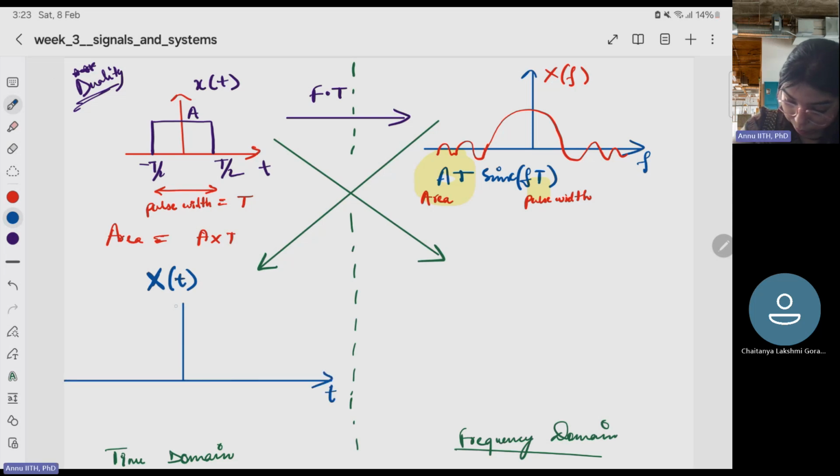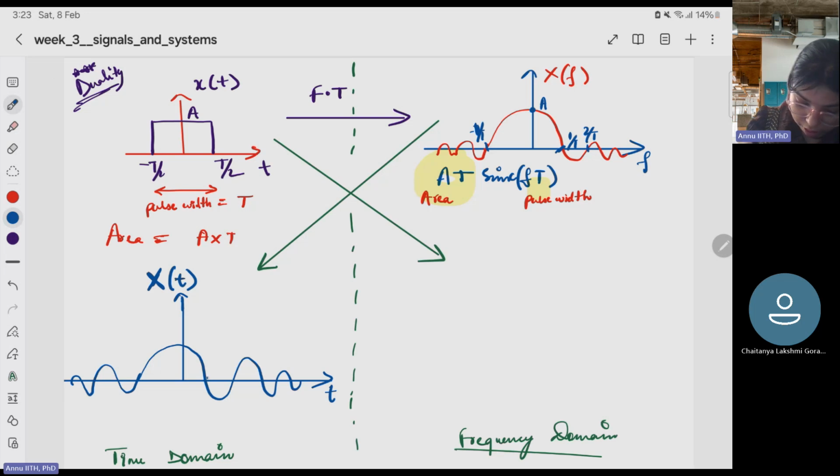This is T. So here this is 1 by T, this is 2 by T, this is minus 1 by T. What is this? This is A.